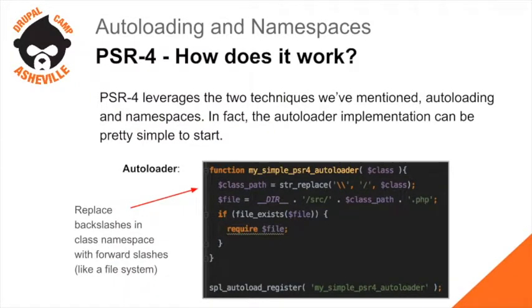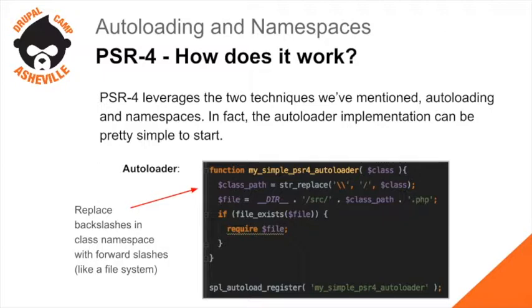So how does it work? All right, here's another simple autoloader. I've written us an autoloader. It's super awesome. The way it works is it basically says, take this class name, which is going to come in with a namespace, convert all backslashes to forward slashes, and then look for that file. How simple is that?